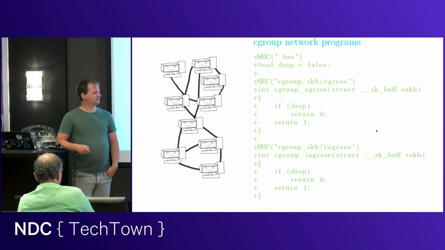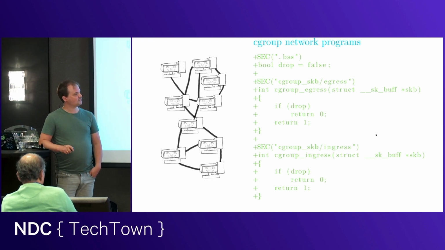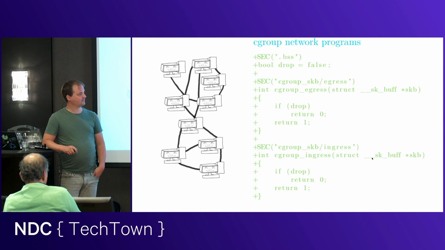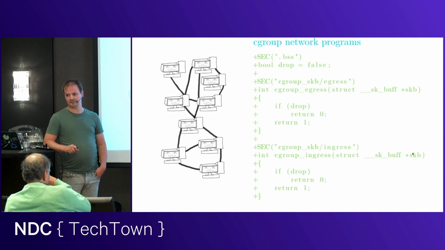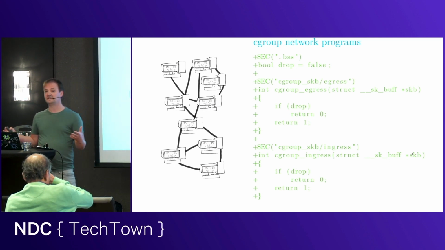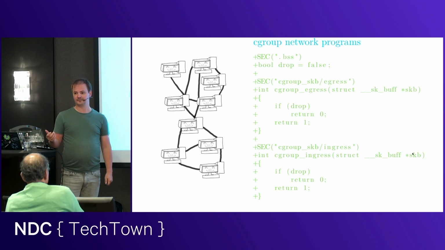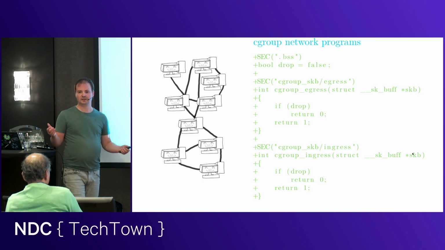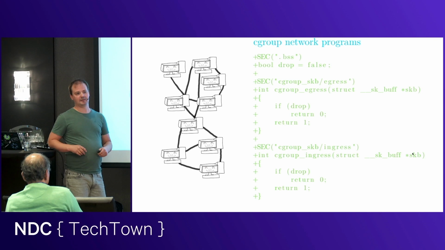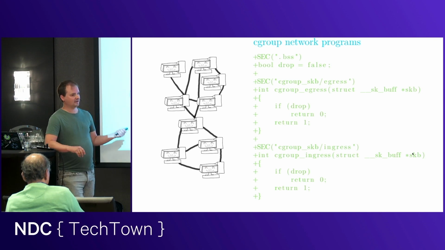Because for most of the networking hooks, you get this SK buff, which has all the data for the network packets. You have the raw bytes if you want to inspect them, and this is for all hooks. But that doesn't mean you can read them.